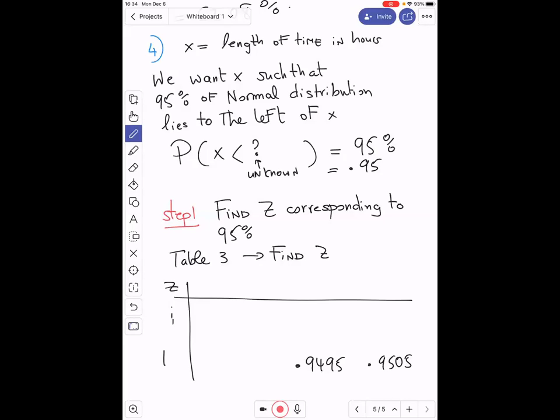Here you have 1.6, and on the top you have 0.04, and this is 0.05. And 0.95 is exactly in the middle of these two numbers. We need 0.9500, in other words, so it's exactly between these two numbers.